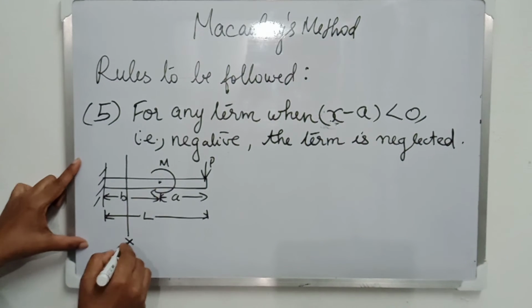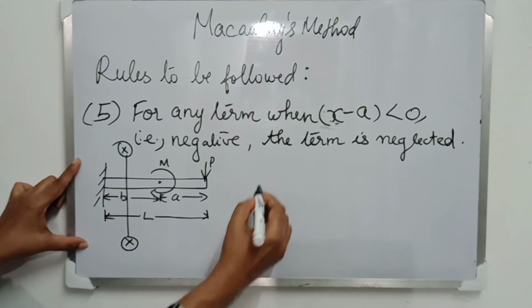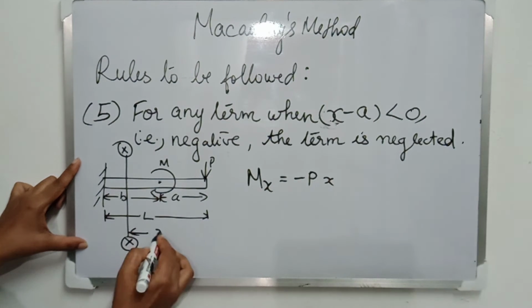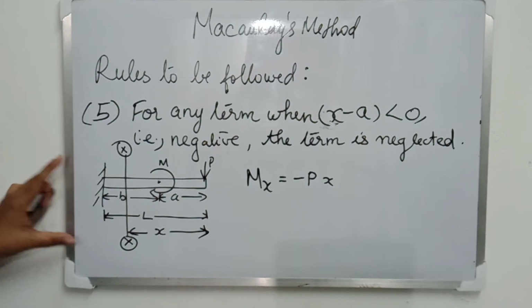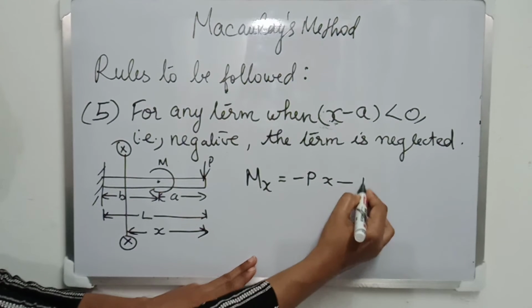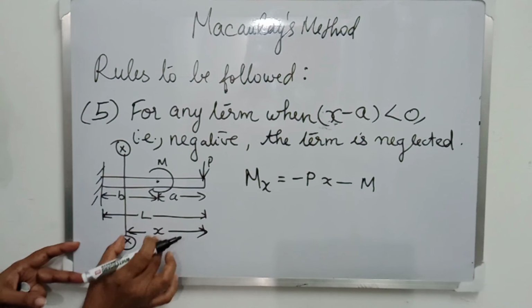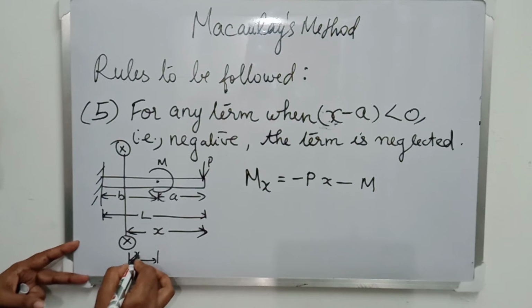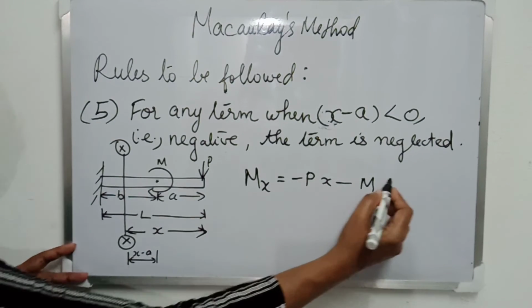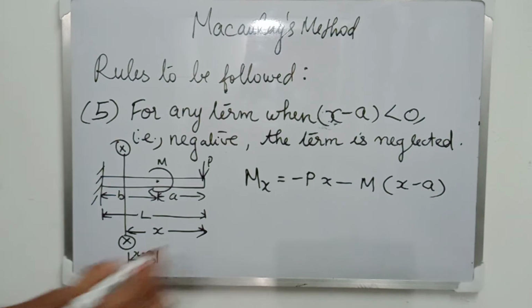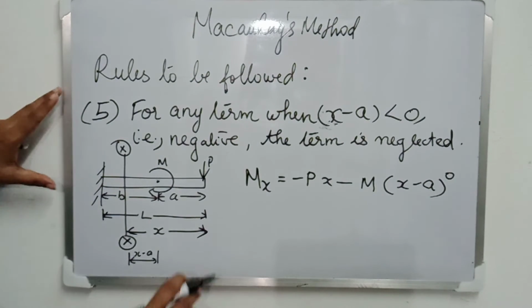Now I am selecting a section XX at a distance x from the free end and writing the bending moment equation at that section. The moment due to force P is P into x, that is hogging, so minus sign. Now the moment M is considered here as minus M, and it is at a distance x minus a from the selected section. And now we are putting the power 0 here.